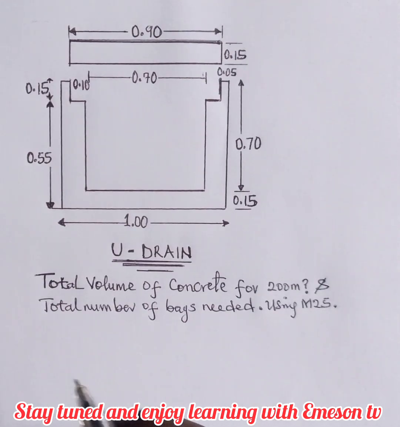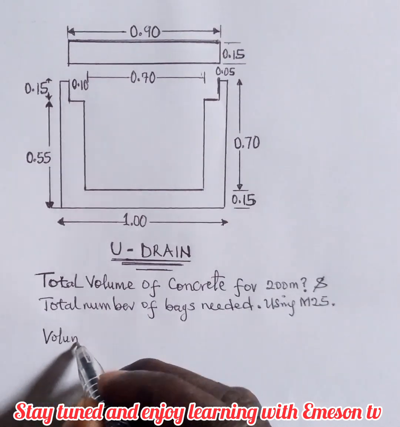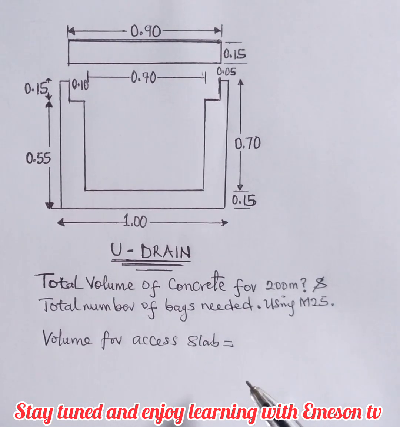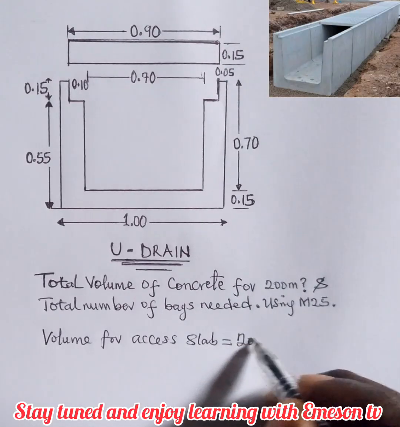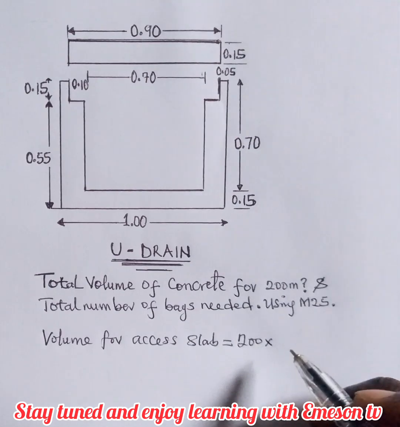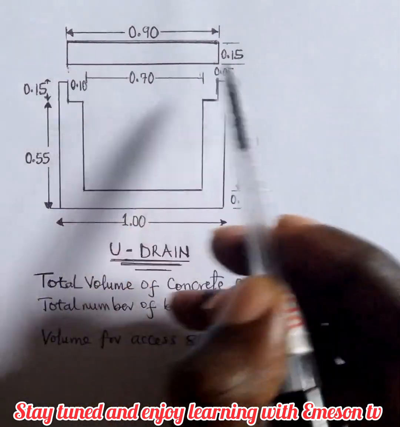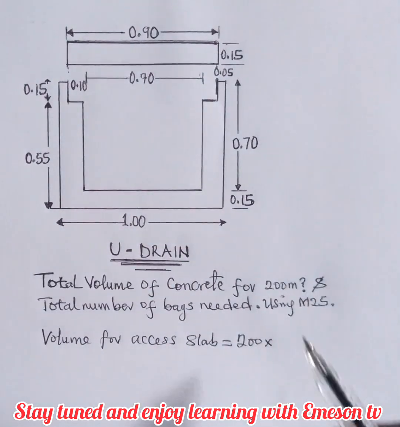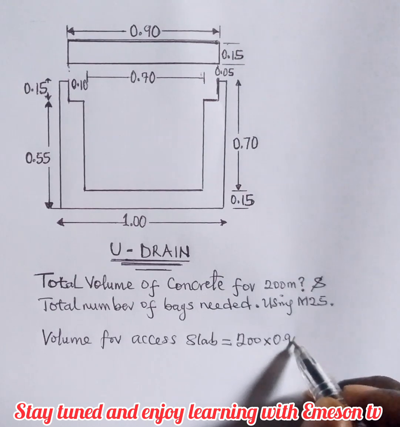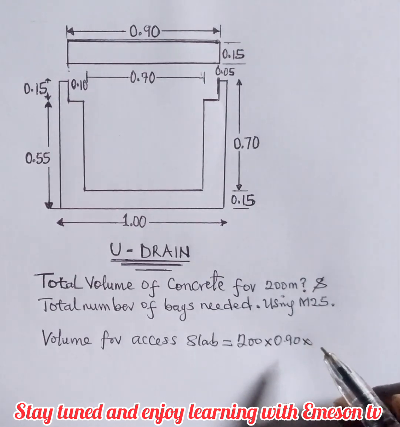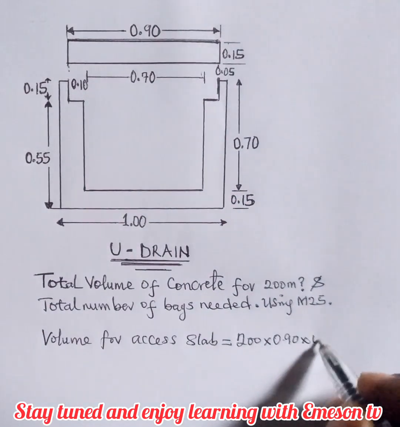First of all, I want to start with the volume of concrete for the access slab. The length that this access slab will cover is the length of the drain, 200 meters, by the width, from this point to this point, which is 0.9, times the thickness of this access slab, from here to here, which is 0.15.